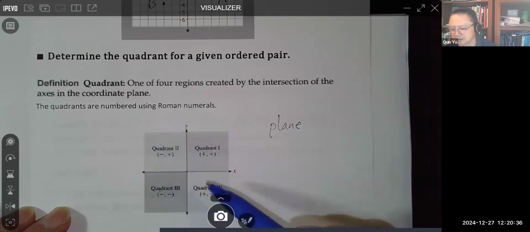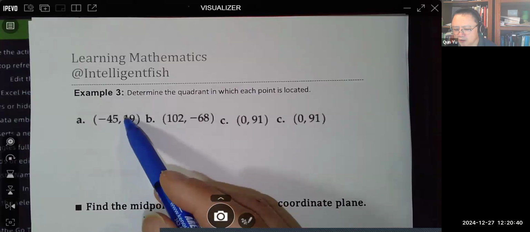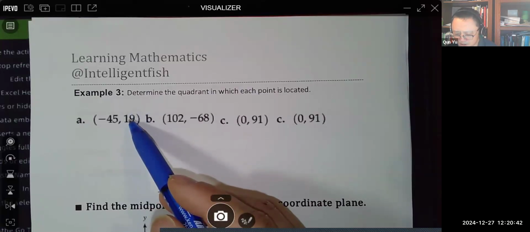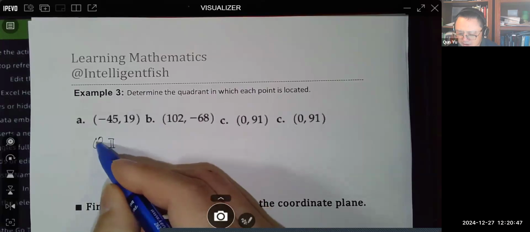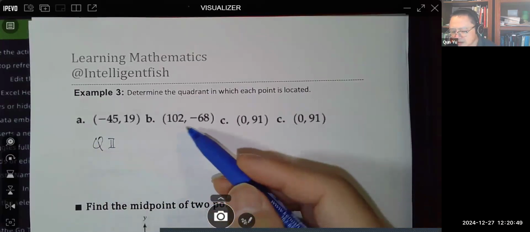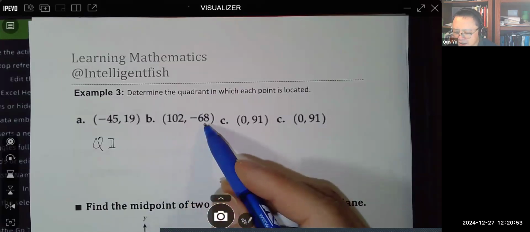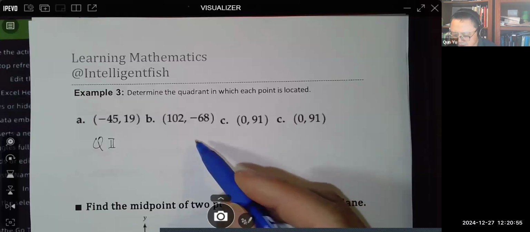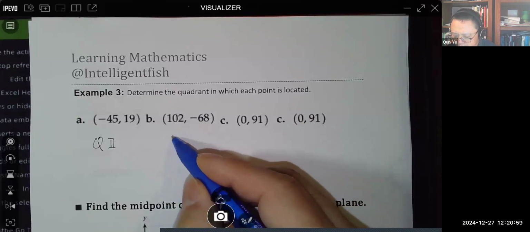So in other words, this sign tells you the location: left upper corner. And that's the second quadrant, quadrant number 2. This one is on the right because x is positive, and in the lower corner. The right lower corner, that's the fourth quadrant.